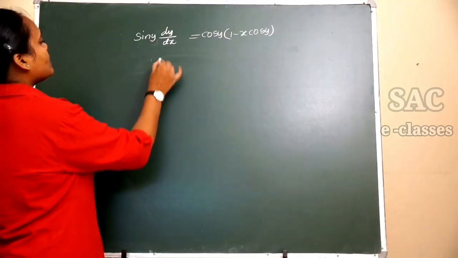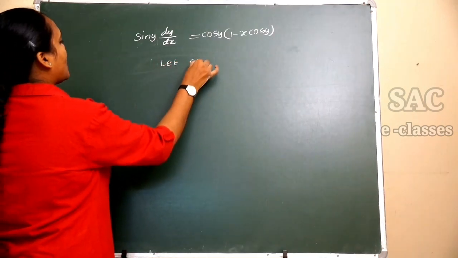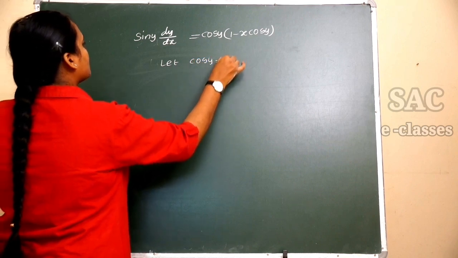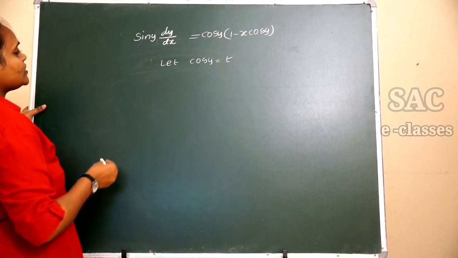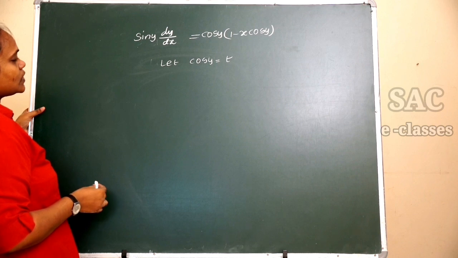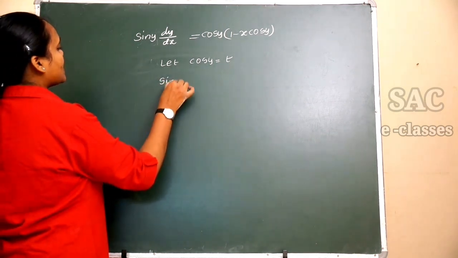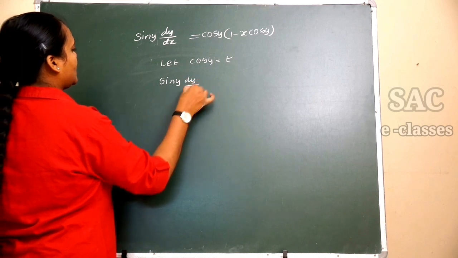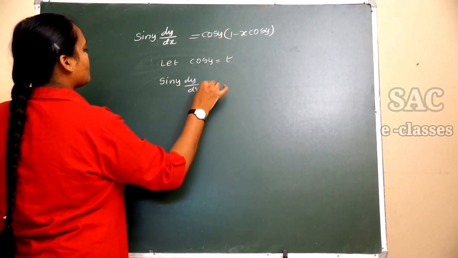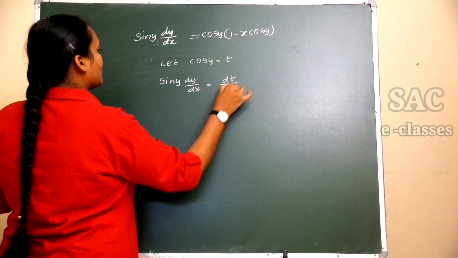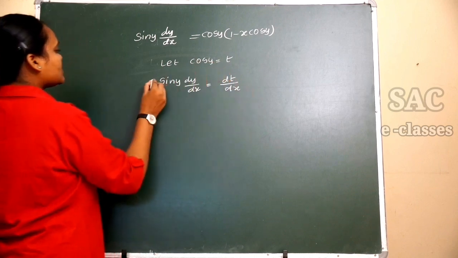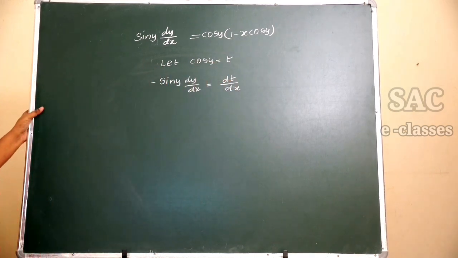Let's see this. Let us assume that cos y is equal to some t. Differentiate cos y equal to t with respect to x. Then it is sin y dy by dx is equal to dt by dx. But the differentiation of cos y is minus.